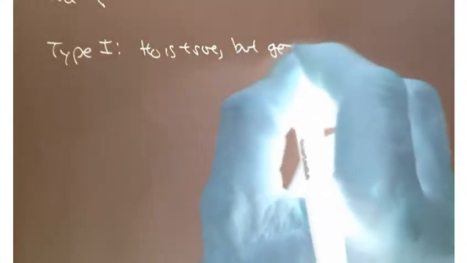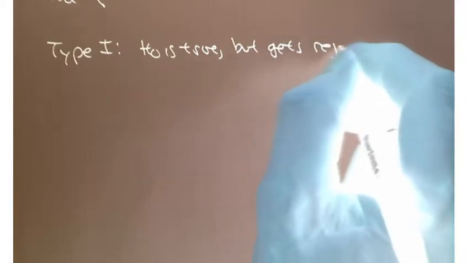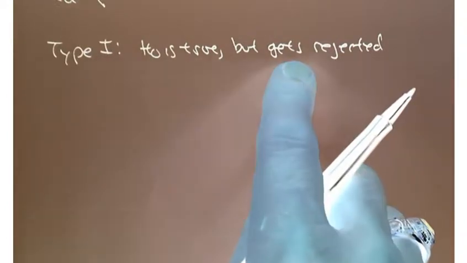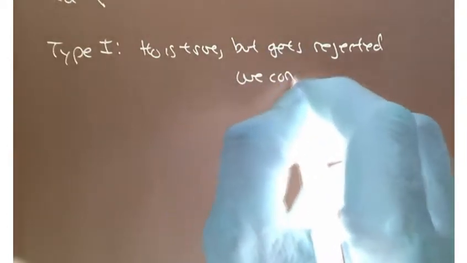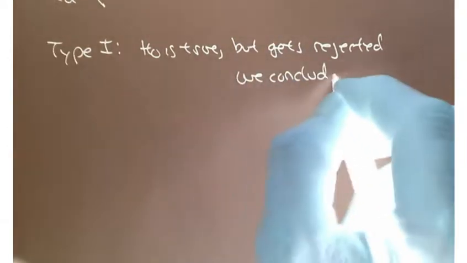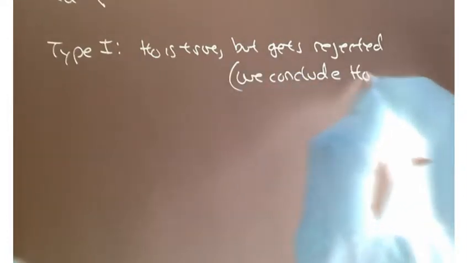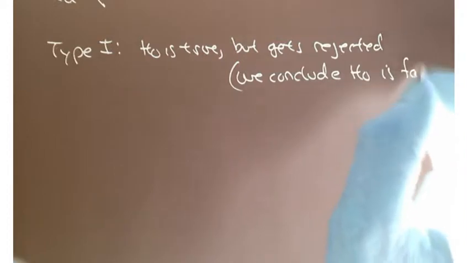Or you could say H0 gets rejected. This is what's true, but our conclusion is this: we conclude or reject H0, that H0 is false.